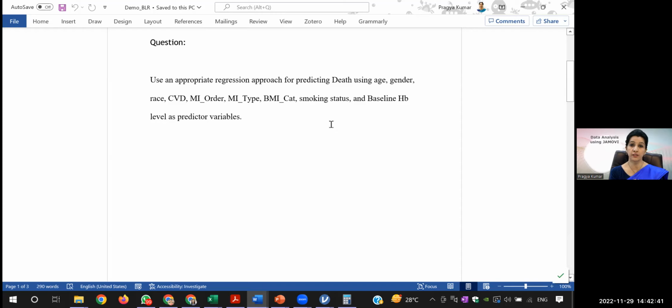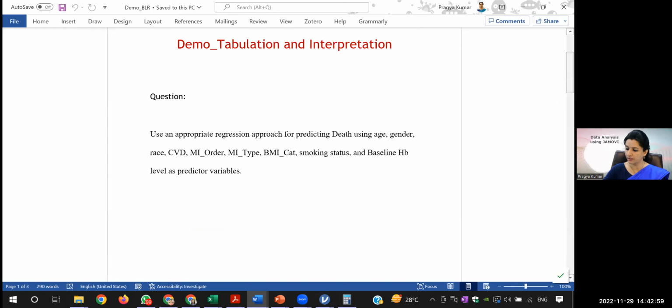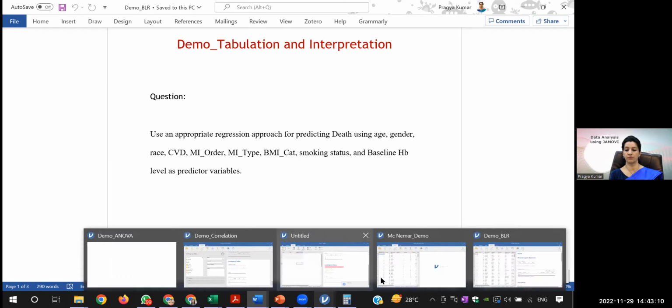I assume that since you have done the descriptives of all variables, you have that data. So now I assume that there is no outlier and they are normally distributed. Next, I'll go to Jamovi and write down all the variables: age, gender, race, MI order, MI type, PMI category, smoking, and baseline. So this is the Jamovi sheet.